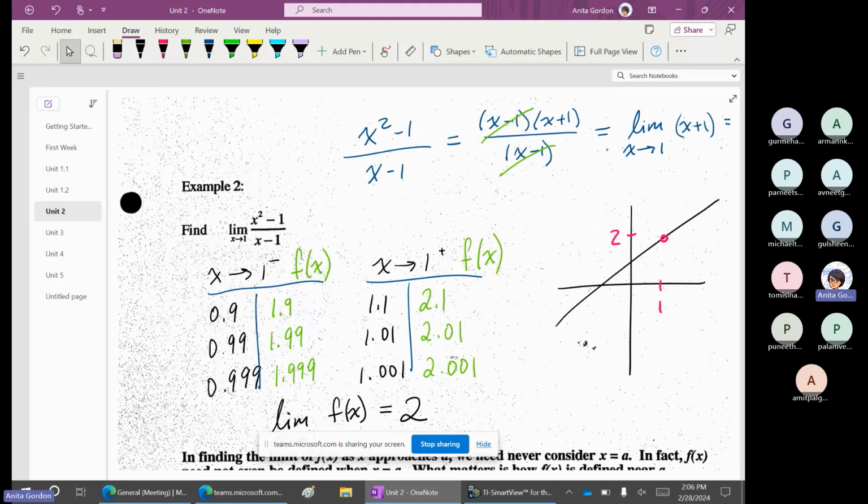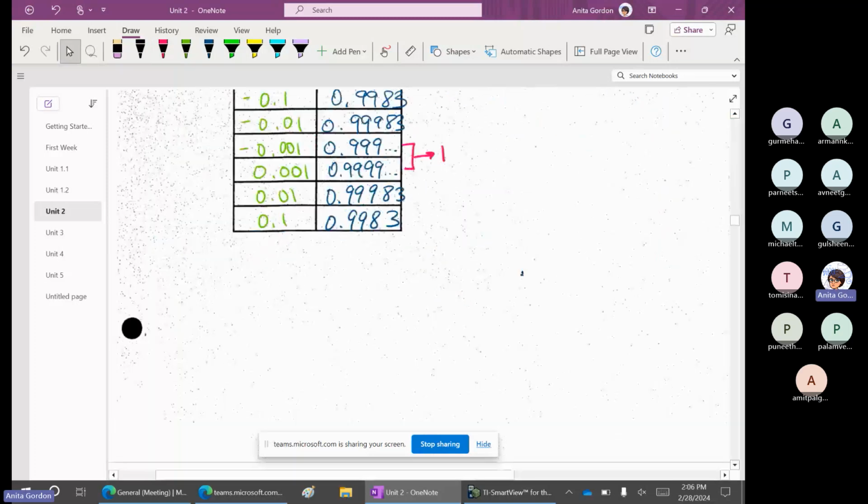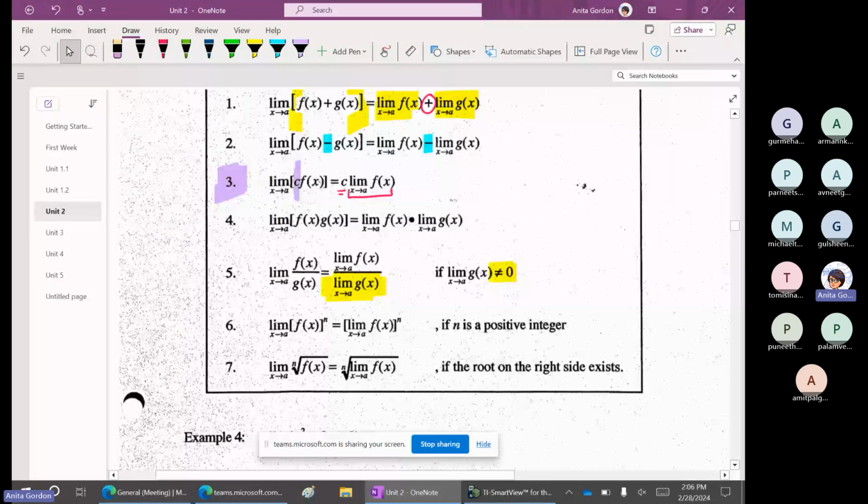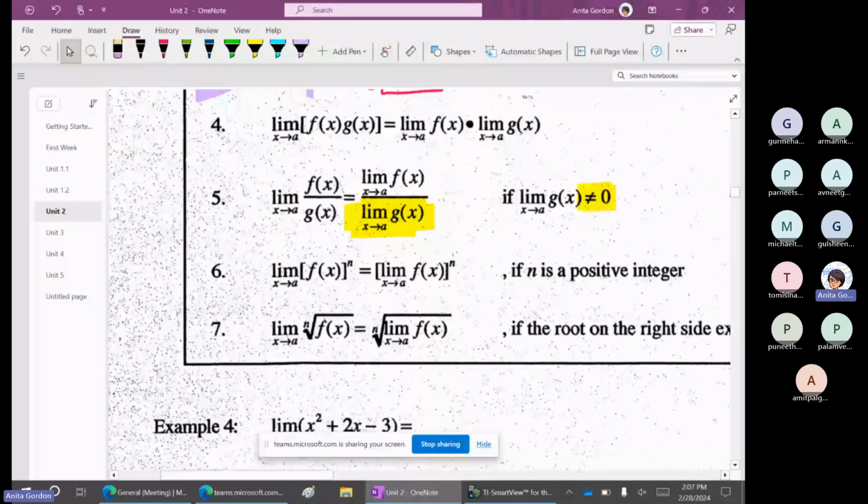Yeah, you could absolutely use the division law. You could call the numerator f of x and the denominator g of x. Take the limits separately and then do the quotient. Yes, absolutely.